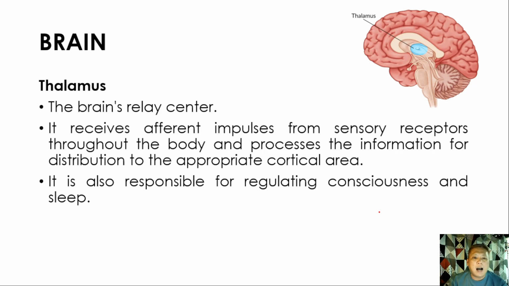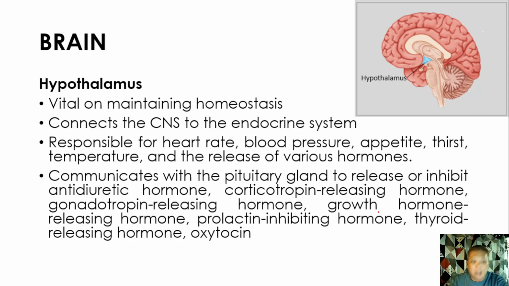Diba? Halimbawa, nakahawak ka ng malamig, siya pupunta. So, susend niya dun para malaman mong malamig yun. Diba? O mainit, diba? Siya yung isasend niya sa responsible area of our brain. So, it's also responsible for regulating consciousness and sleepiness natin. So, ibig sabihin yung pagising natin, kasama po dyan.